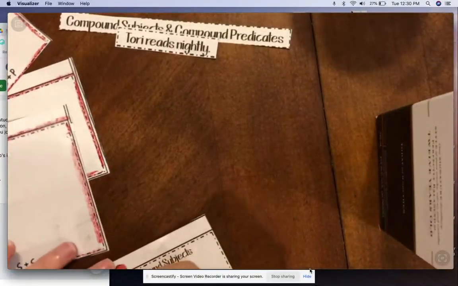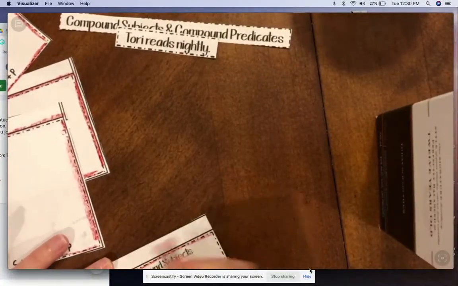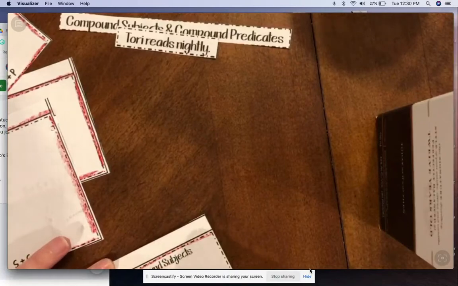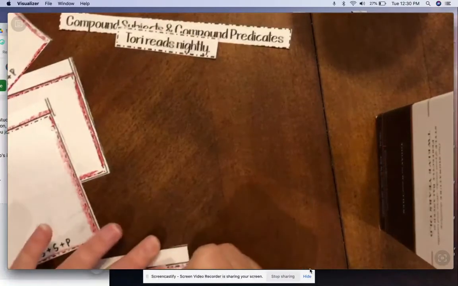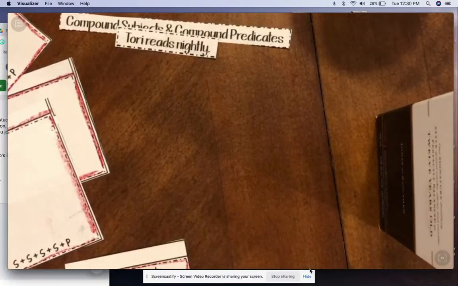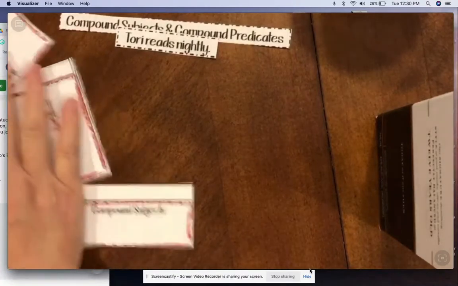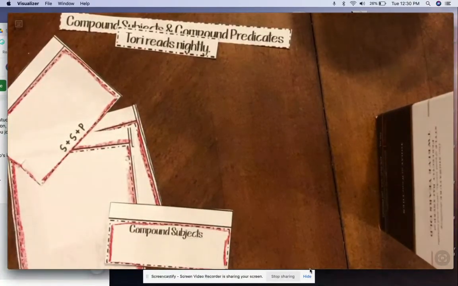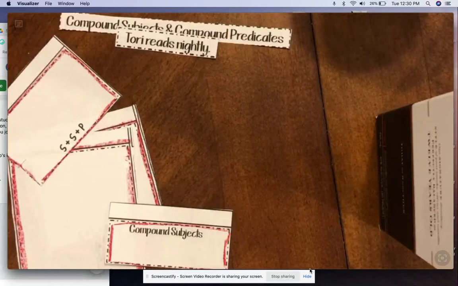All right, one more. Okay. So now that all of those are outlined in red, now it's time to glue down.